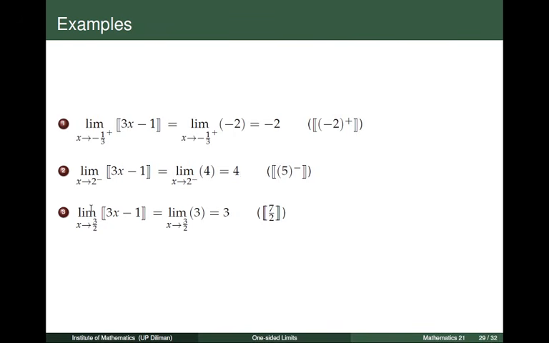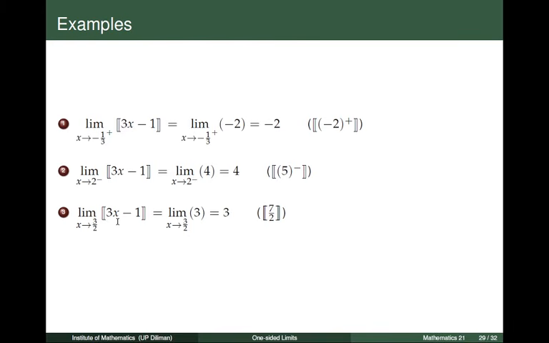And finally, let us consider the limit of the GIF of 3x minus 1. But this time, let us make x approach 3 halves. Okay? First, let us plug in 3 halves to x in 3x minus 1.